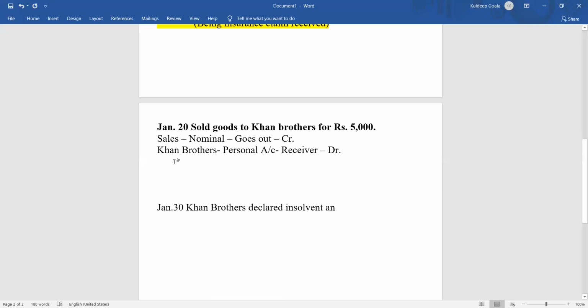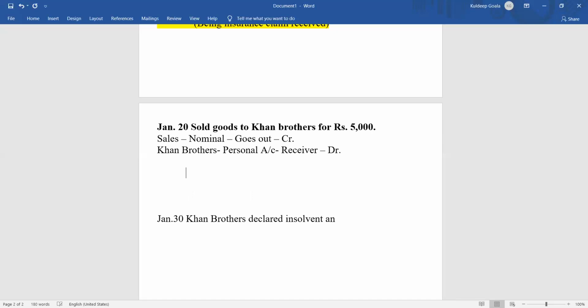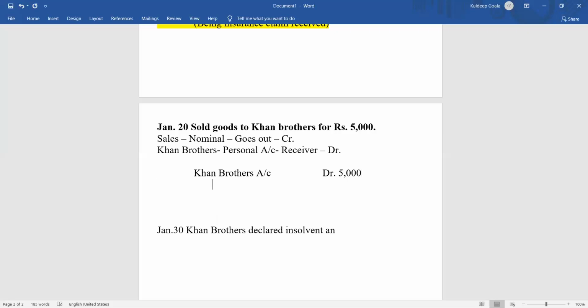So how will the transaction appear, how are we going to write it? Just see. Khan Brothers account, because it is the name of the business, Khan Brothers account debit, to sales account.